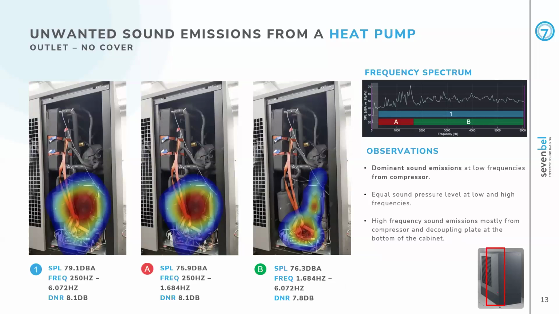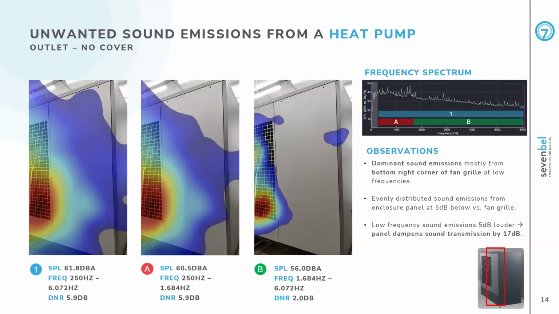So we already find out some information about the sources on this side of the case, but let us go one step back and take a look at the unit as a customer would, with the panel in place, and try to understand with the functional standard unit how the noise is escaping from it.